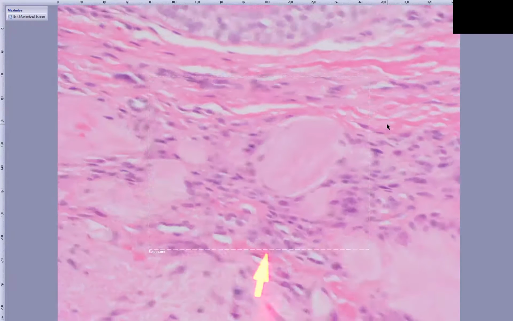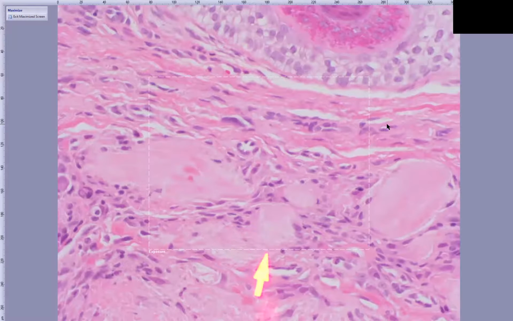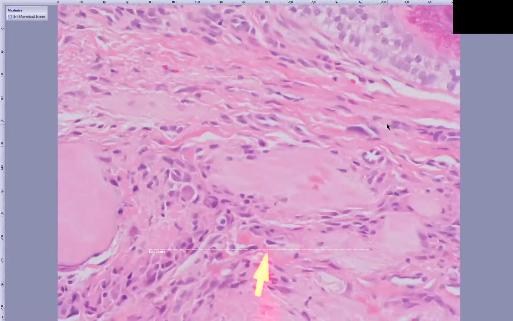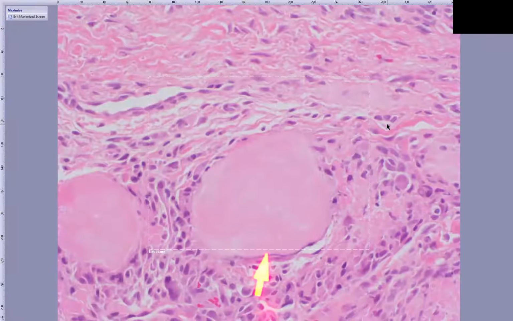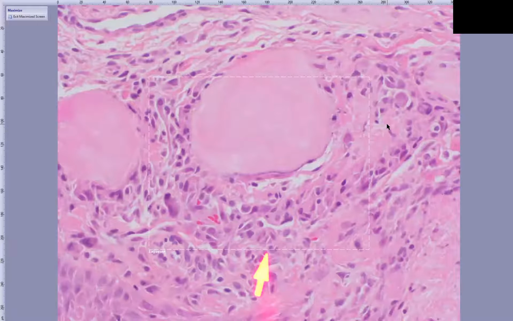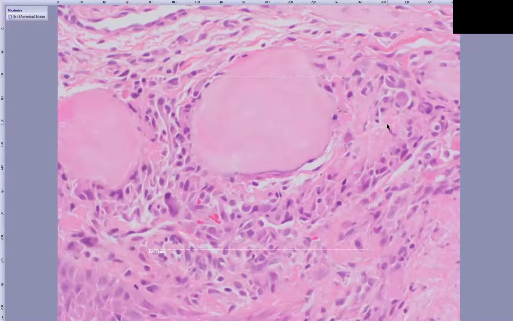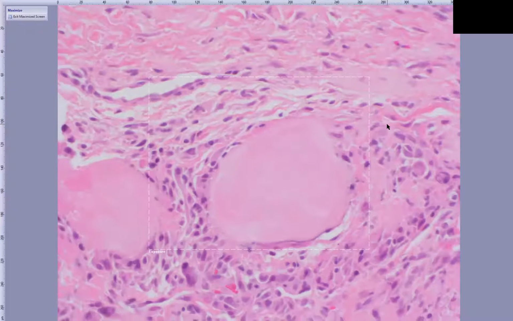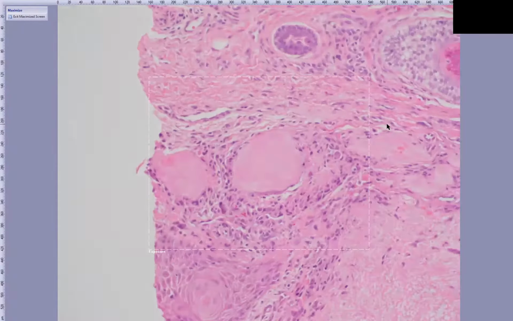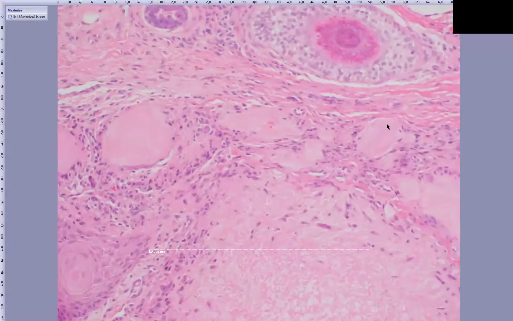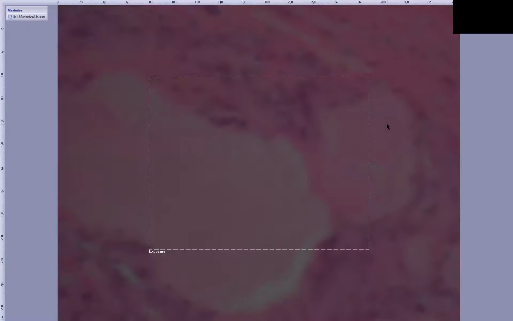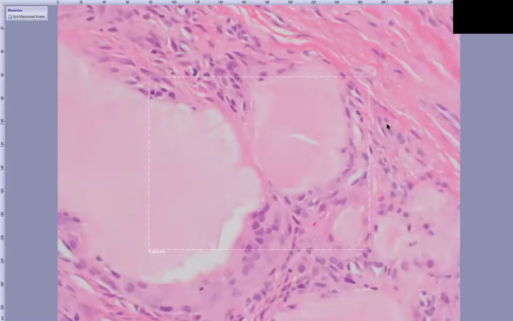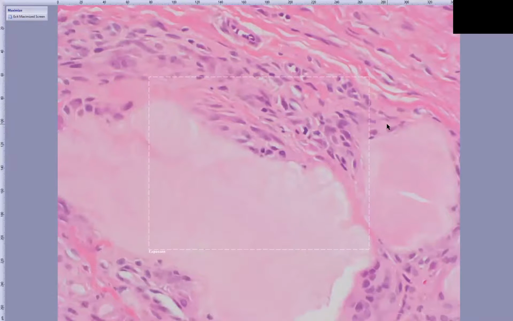So whenever you have exogenous or endogenous material that is extruded into the extracellular tissue where it isn't supposed to be, it will incite a granulomatous reaction, and that's what we're seeing here. So this is a gouty tophus, and that cotton candy pink feathered appearance is quite characteristic. So make sure you zoom in when you see amorphous pink deposits. Amyloid doesn't cause that, okay? Gout is the only thing that'll look like this.